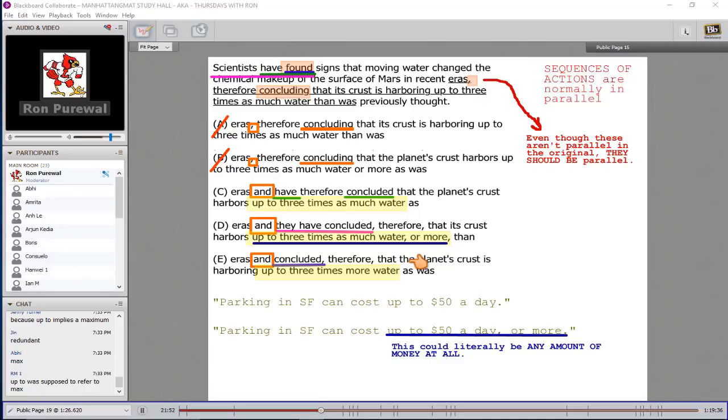Now, C and D, there's an easier way to eliminate those two, which is just to use idioms. You probably know that more goes with than and doesn't go with as. And you probably know that as much goes with as and not with more, and not with than.